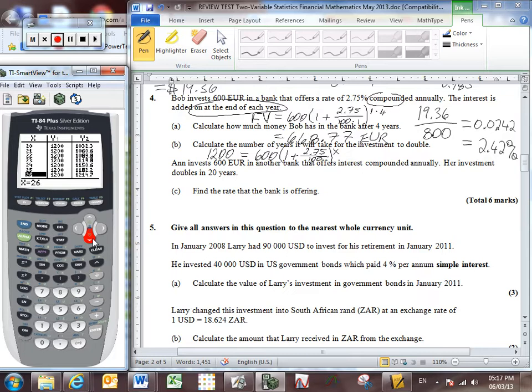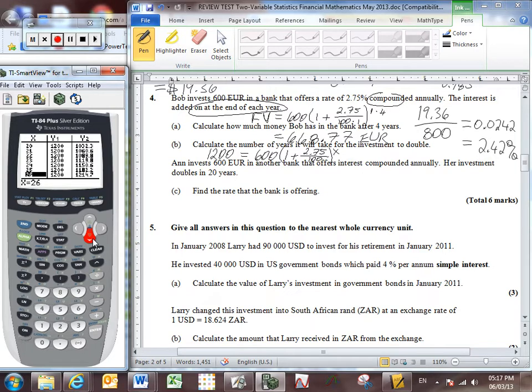Now if I solve this with a graph, maybe I'm going to get 25 point, I don't know what, and well, IB might accept 25 point something or other, but I think a much better answer is 26, because we need to wait until the end of that 26th year, until 26 complete years have occurred, in order to receive that final amount of money at the end of the year to finally put us over.